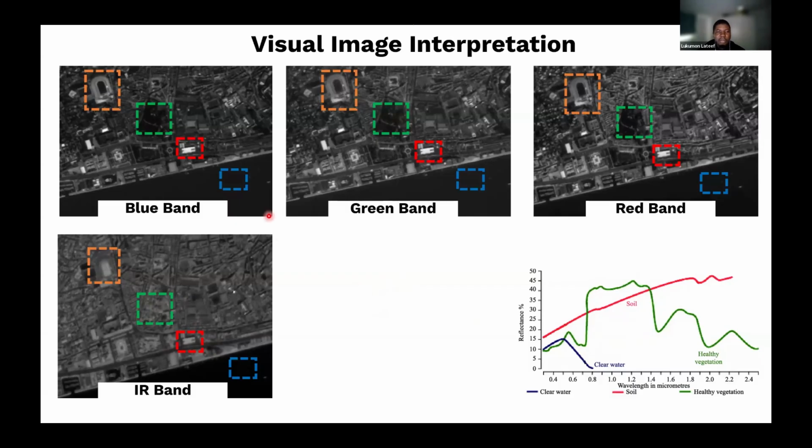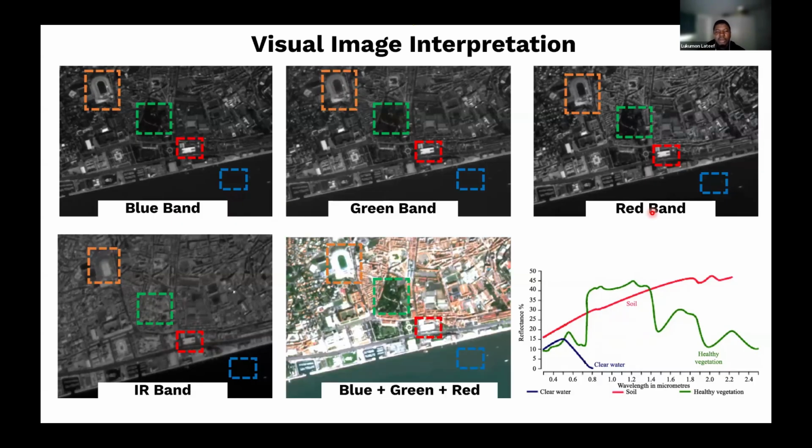So we can now combine the blue, green, and red and see how these objects appear to the human eye in colored form. Here you see the stadium appearing bright, the vegetation in green, then the building here, and the water in a blue color.